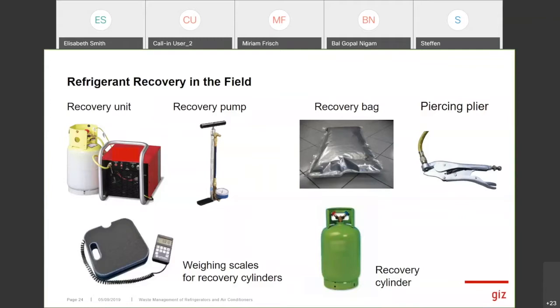It is important to have a weighing scale down on the left side for the measuring of refrigerant charge amount of the recovery cylinder, to know how much refrigerant is actually recovered from a system, and very important, not to overcharge the refrigerant recovery cylinder, which is very dangerous for the people working with this equipment.